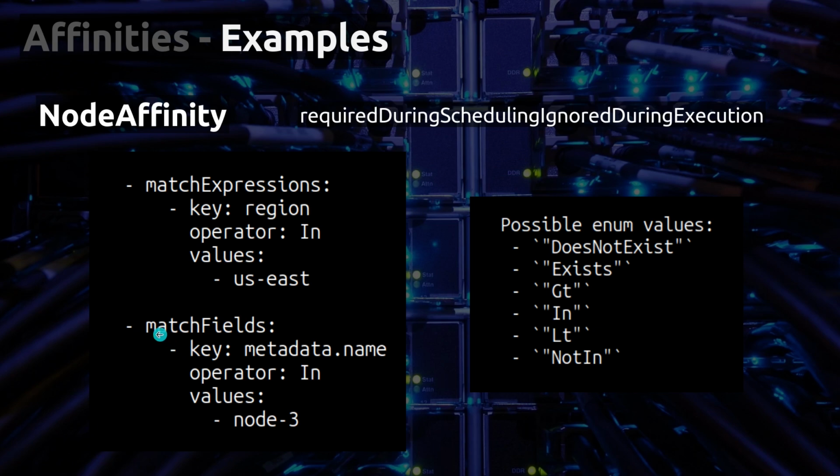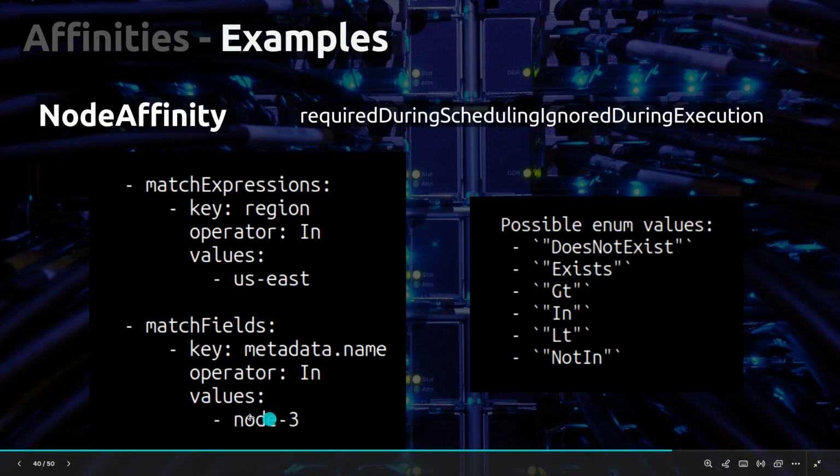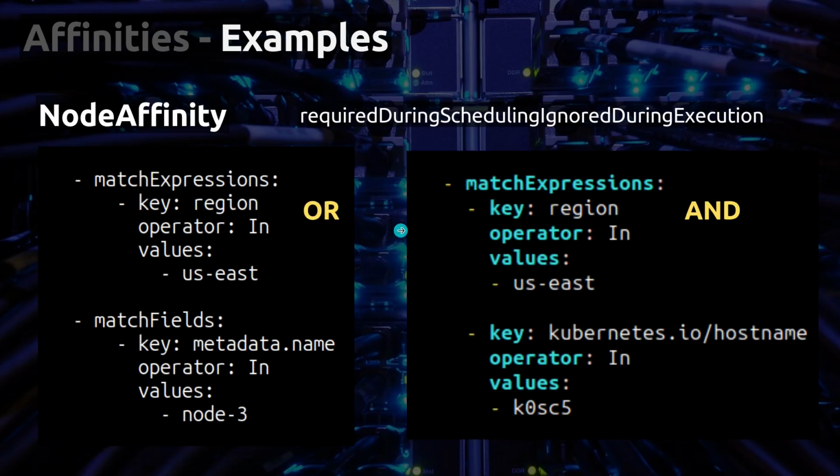Same thing for the match field. We have the key, but here it's not a label like here. Region could be a label, but here it's a key, a metadata, because we are in fields. So metadata.name, In, and the values, and we can have multiple values. Take care about the indentation and the usage of these settings, because you can set multiple match expressions.